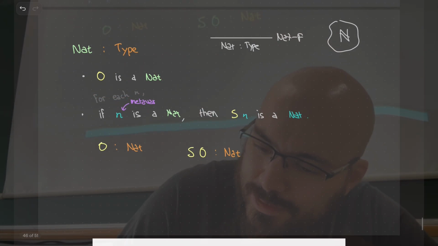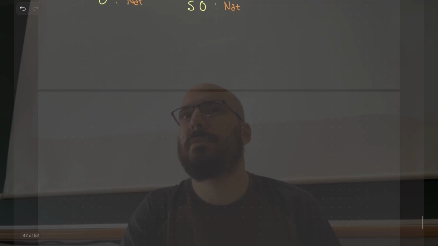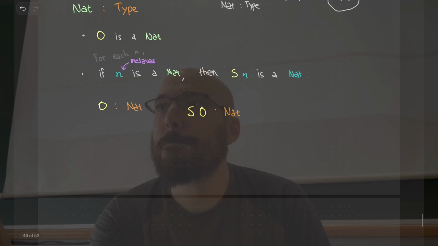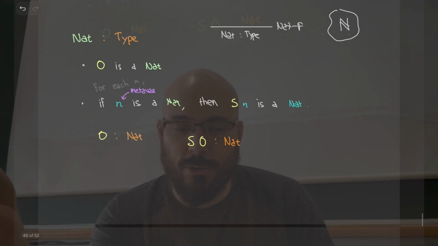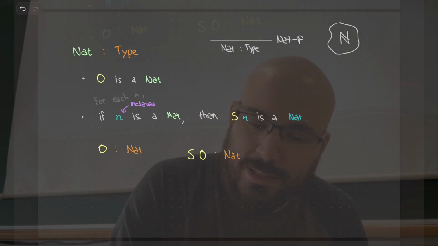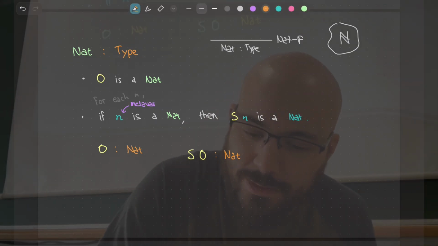And now I can ask something silly like, is Maya a nut? Yes or no? Are you a nut? So the answer is I don't know. I cannot defend that, because these rules will only help me construct these nuts.